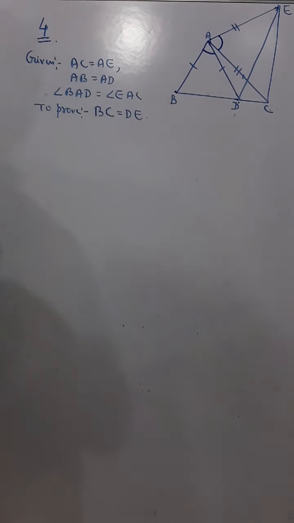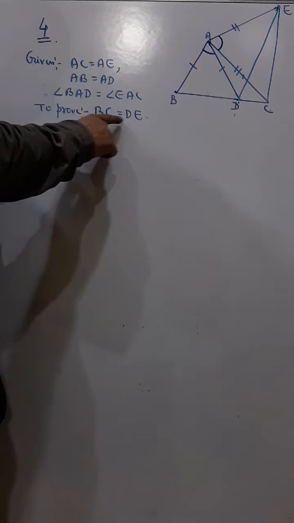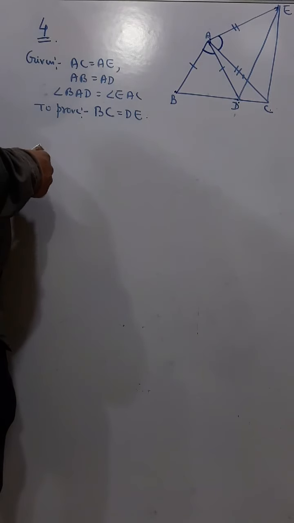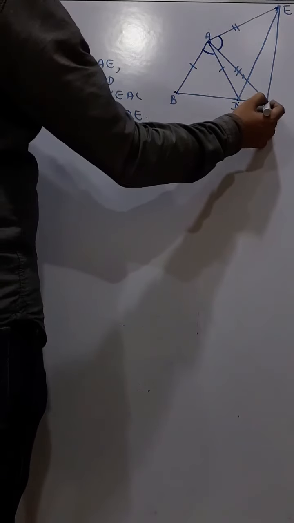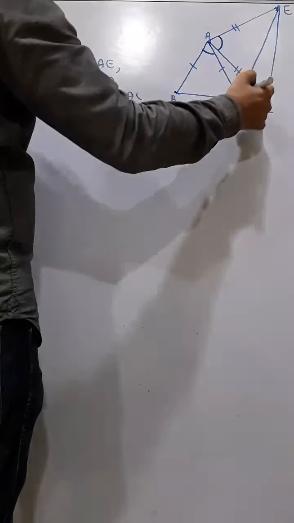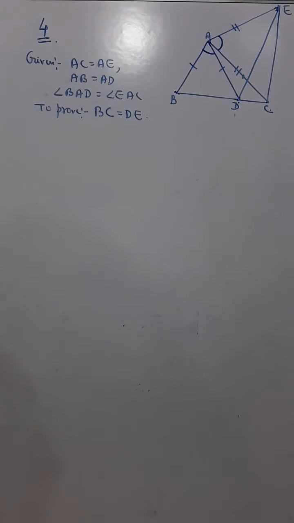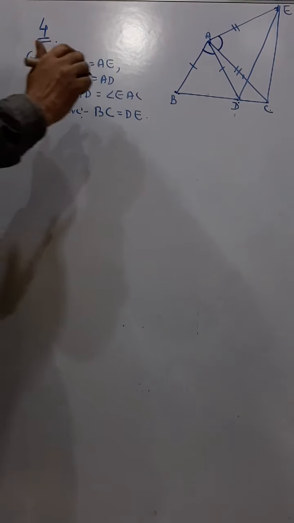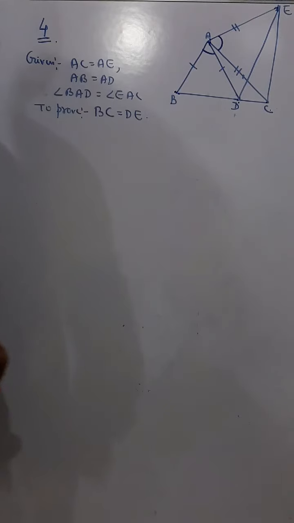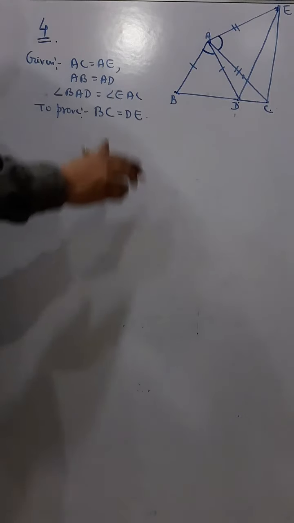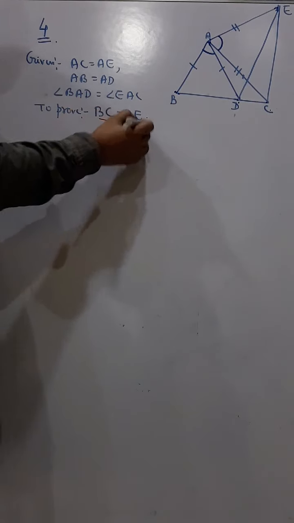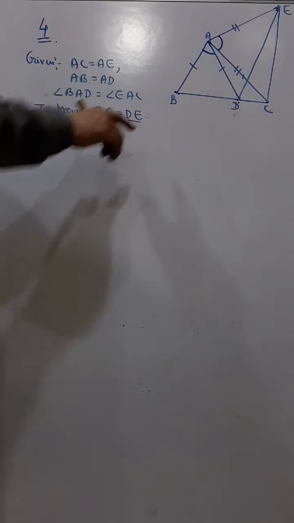Now we have to prove what? We have to prove BC equals DE. So that means we have to prove two triangles congruent, which contain these two sides. So BC equals DE we have to prove.